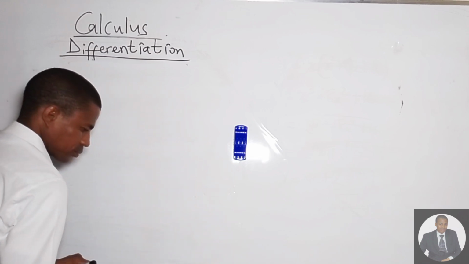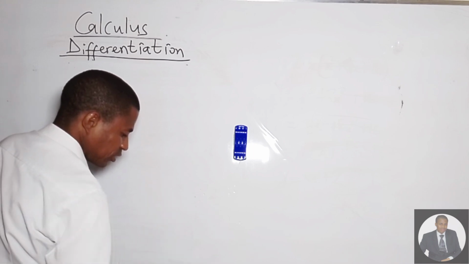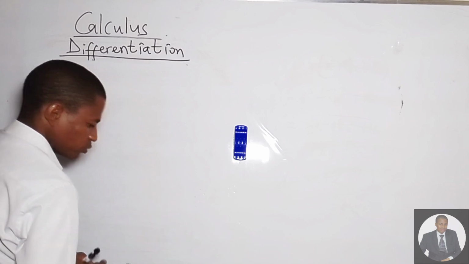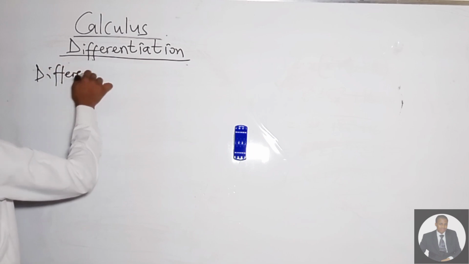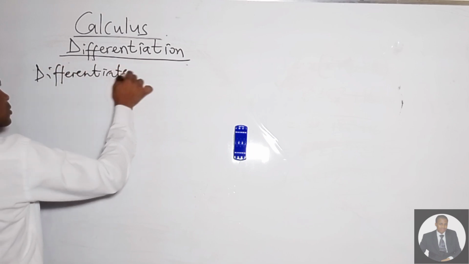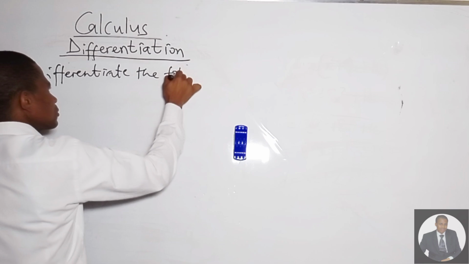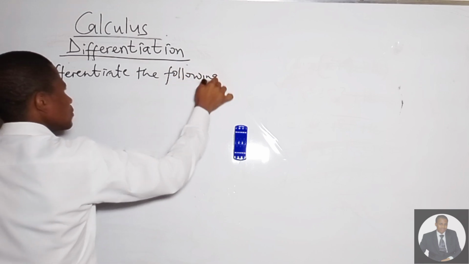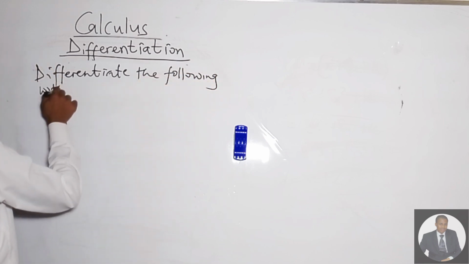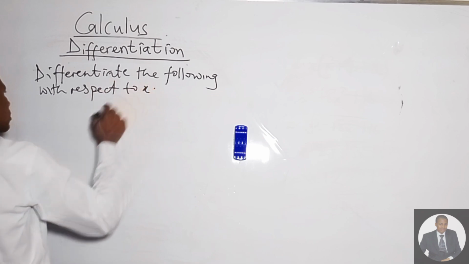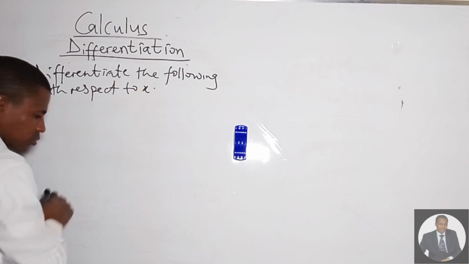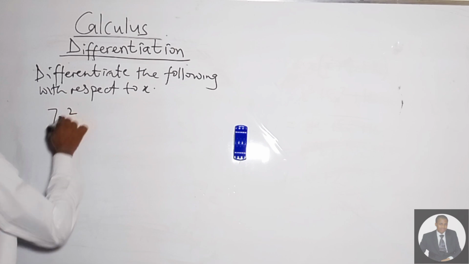So, differentiate the following function with respect to x. Question: 7x squared.